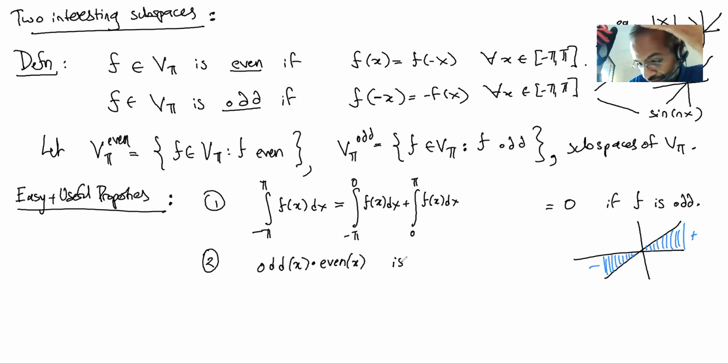By the way, functions don't have to be either of these things. Do you think it's even, odd, or neither? Odd. Yeah. So why? Well, if you just plug in minus x here, then the even function doesn't get affected, but the odd function flips sign, so the product flips sign.